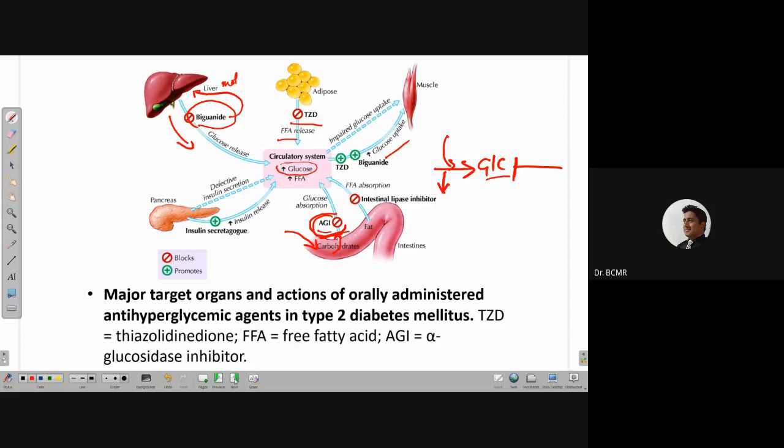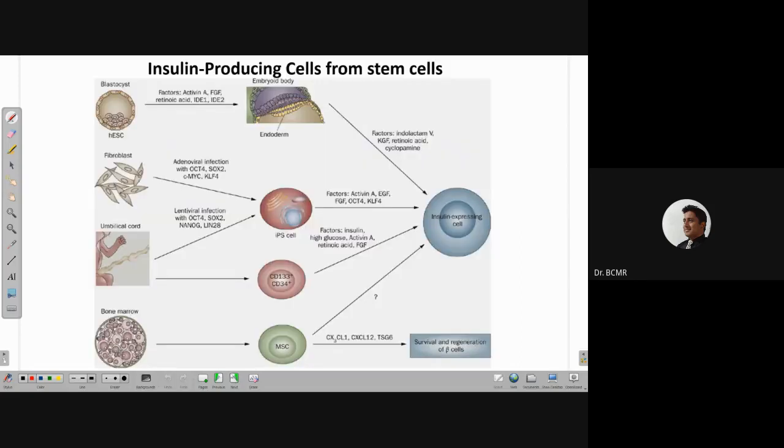Okay, so there are also stem cell-based approaches. Say, if it is type 1 diabetes where the beta cells are deficient or dead and so on, in that case, if we can have some cells that can take the function of these beta cells, then that is a fantastic approach, isn't it?